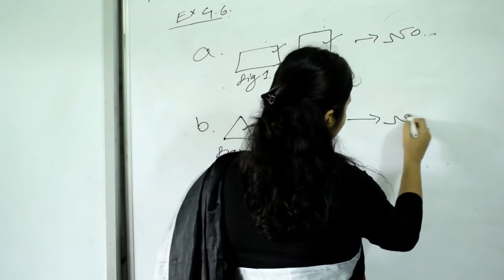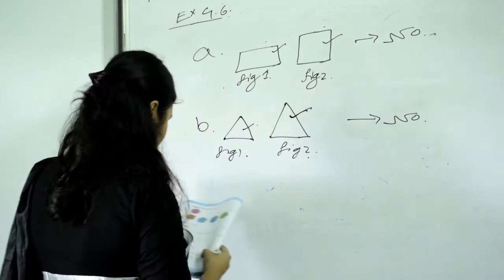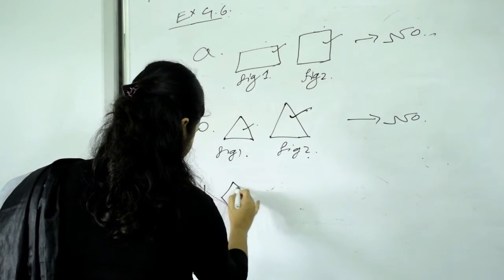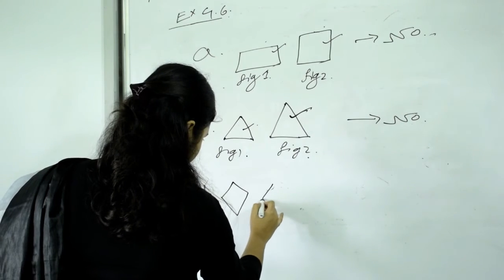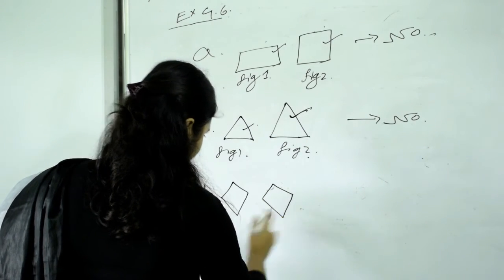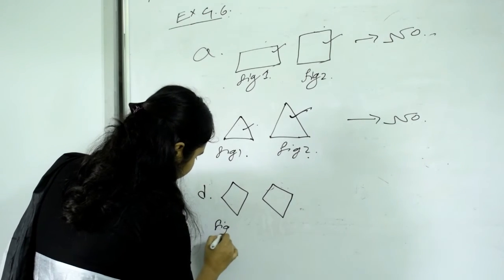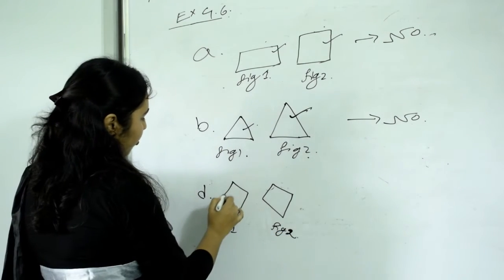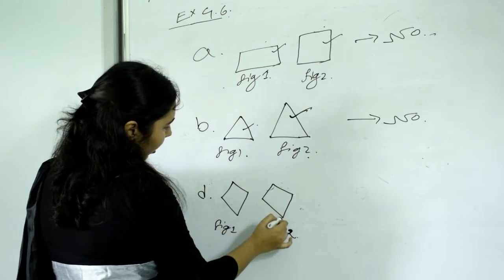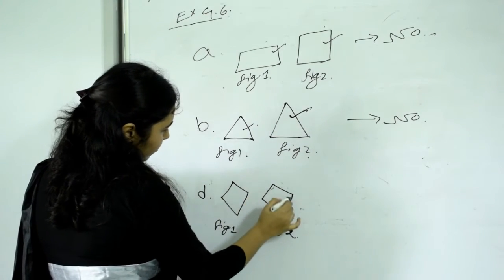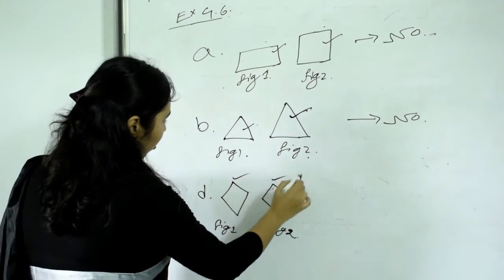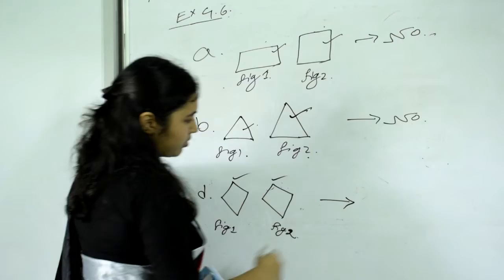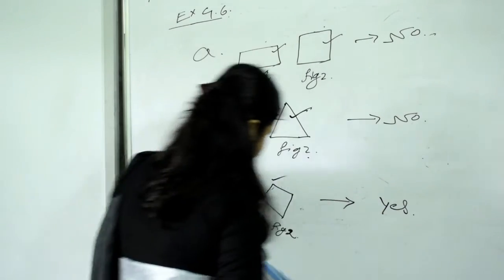So again write here no. Next, D. Both have 4 vertices and 4 sides, right? And the size is also equal, which means these two figures are congruent. So write here yes.